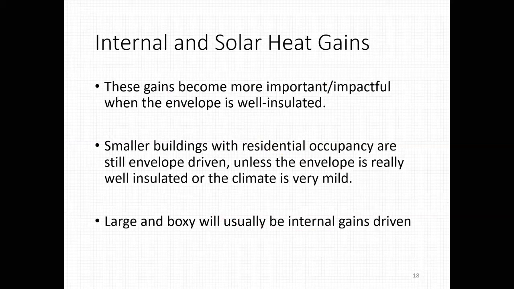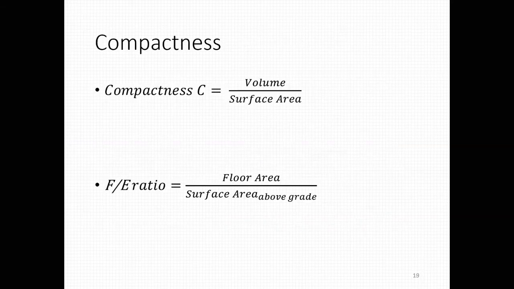We talked about that. Here are our equations from the book, and the way we quantify our building's design from an efficiency standpoint is how well it's designed with exterior surface area versus the volume. This is from section 2.5, which discusses building form and orientation.